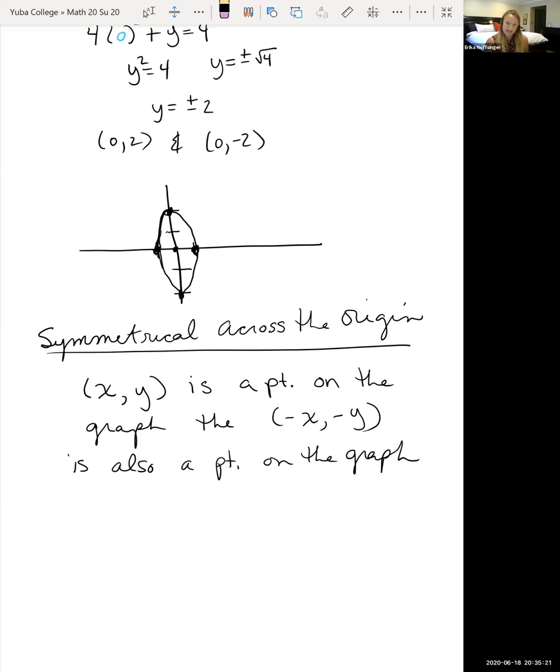So to test it, we plug in negative x for x and negative y for y, and doing that and simplifying, we get the original equation that we started with. It's symmetrical across the origin.